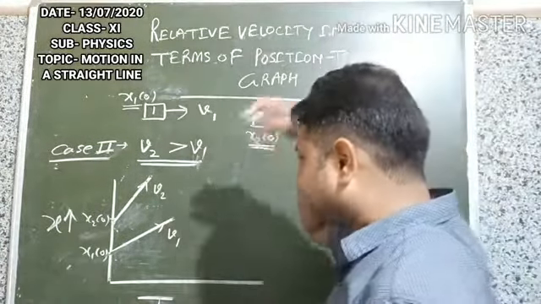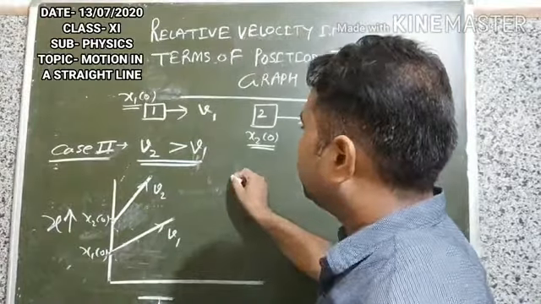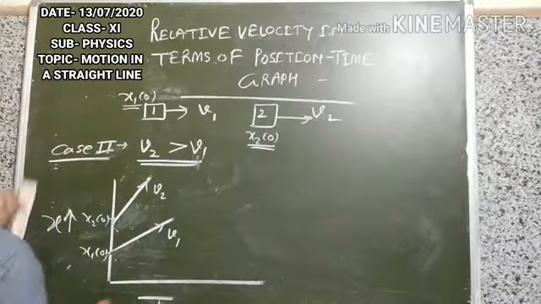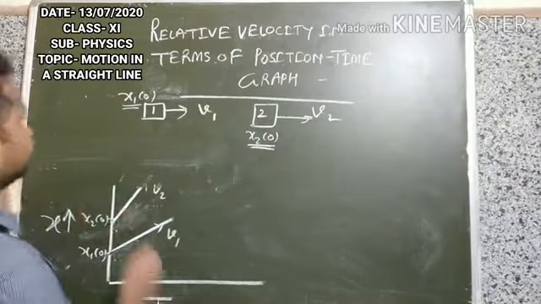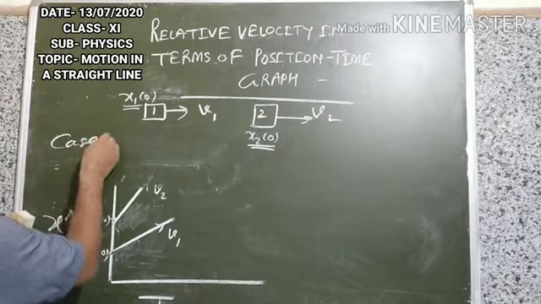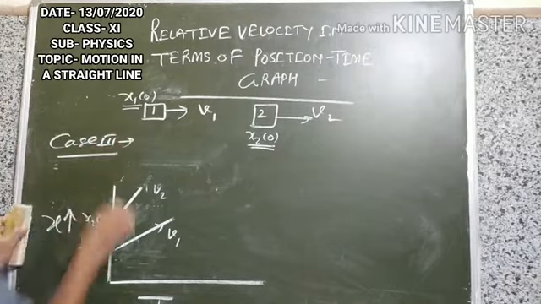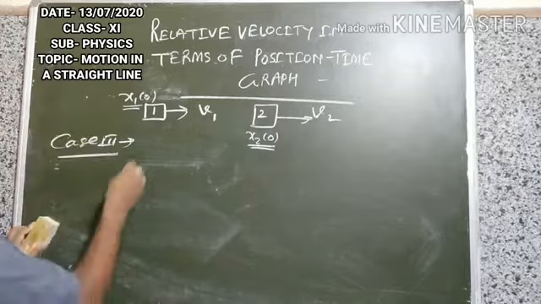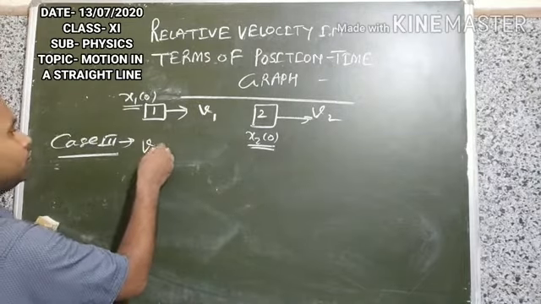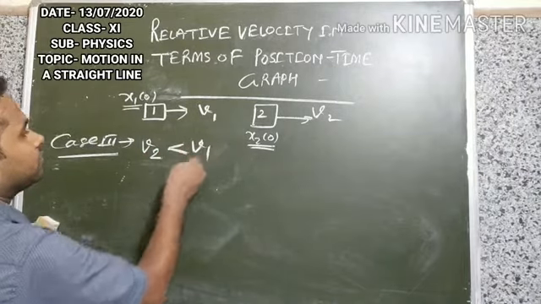Now see, case number third. Case third. Now what is the case third? What should be? V2 is less than V1. See here.